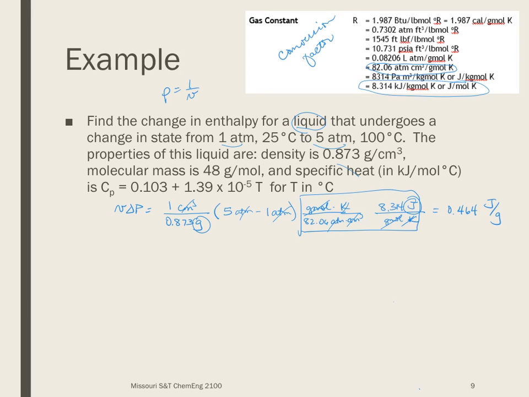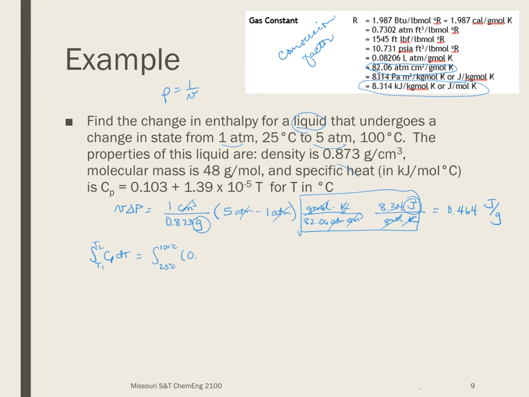Now, the other piece I needed to do was to integrate C sub P dT from T1 to T2. The key to getting good answers is that you take the time and trouble to do the integration first and then evaluate at the endpoints.